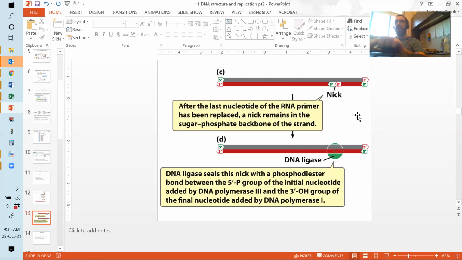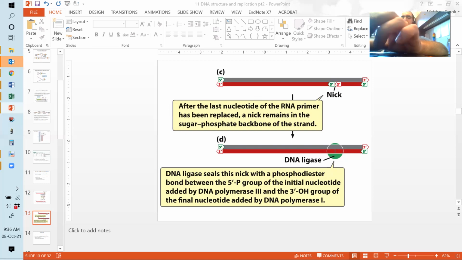So anyway, now we need to fix that nick, right? We need to create that phosphodiester bond between the end of one fragment and the beginning of the next fragment. So what we need now is another enzyme, and that's DNA ligase.